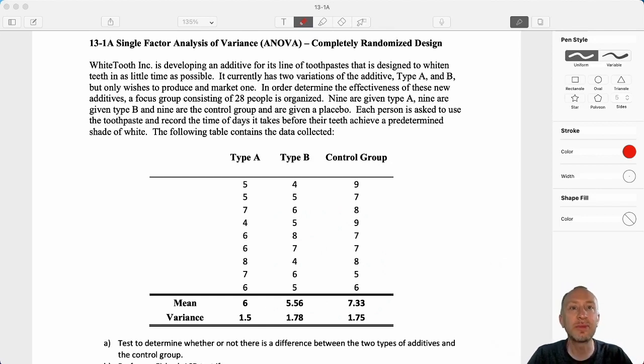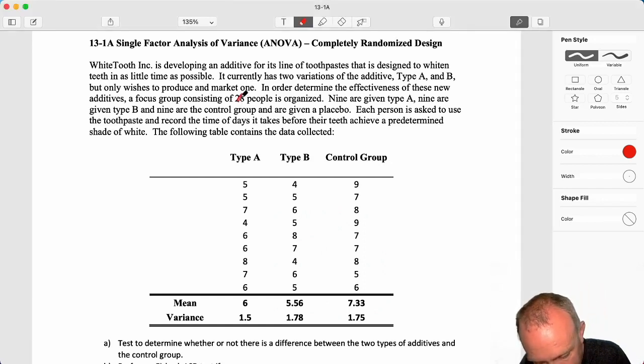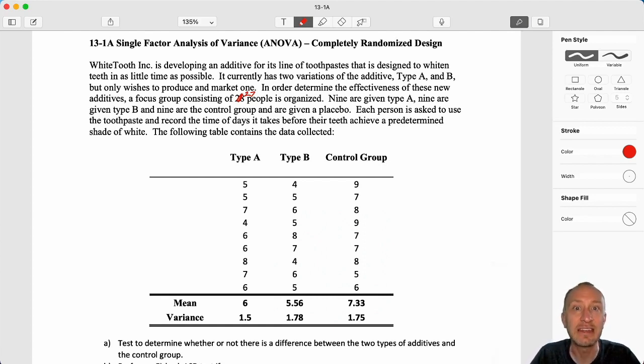In order to determine the effectiveness of these new additives, we take a focus group of 28 people. 9 of them are given type A, 9 of them are given type B, and 9 of them are given a placebo. Well, clearly we don't have 28 people. That must be a typo. We have 27 people. Each person is asked to use the toothpaste and record the time in days it takes before their teeth achieve some predetermined shade of white.